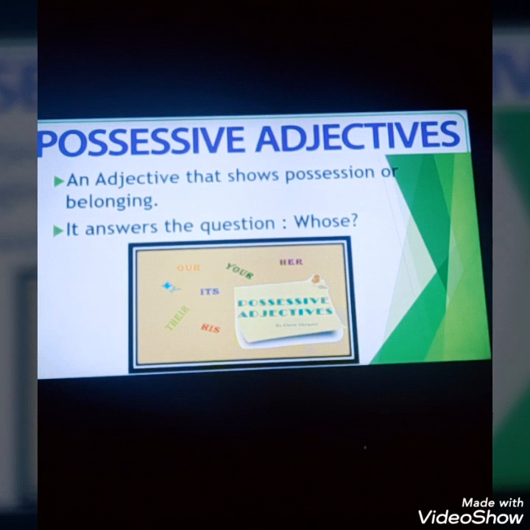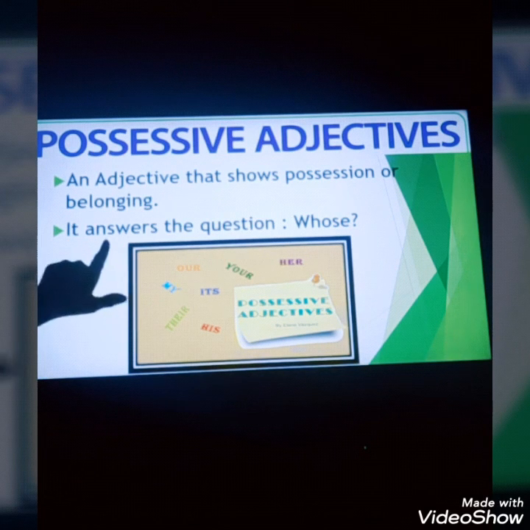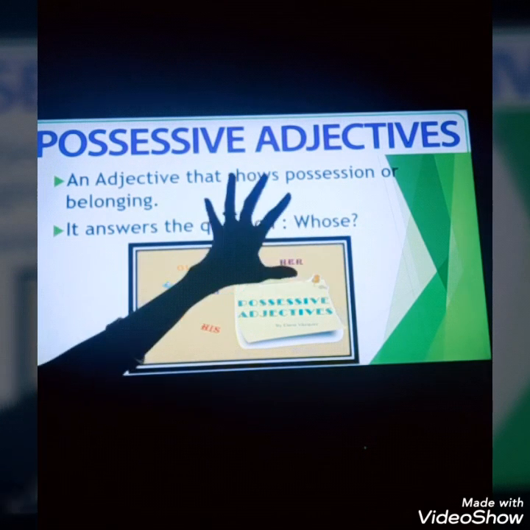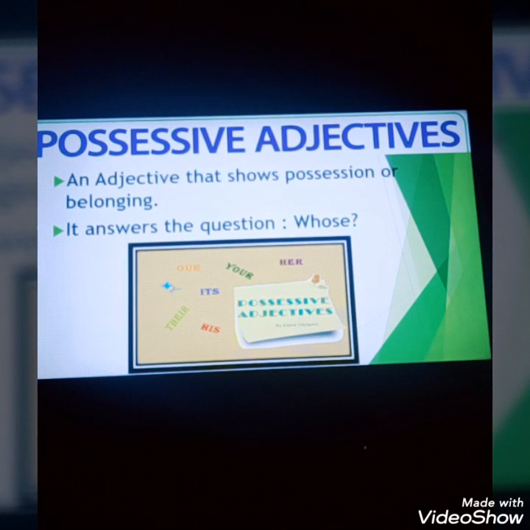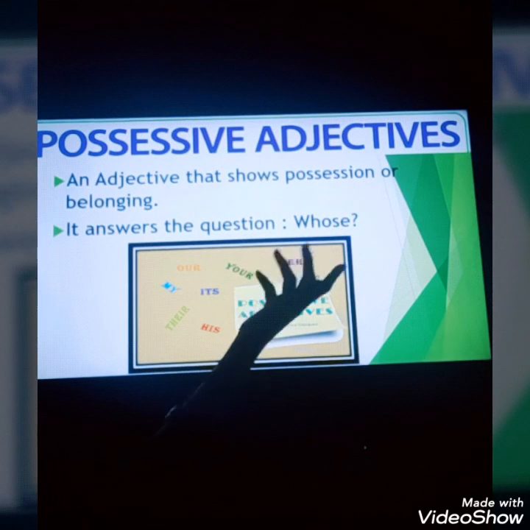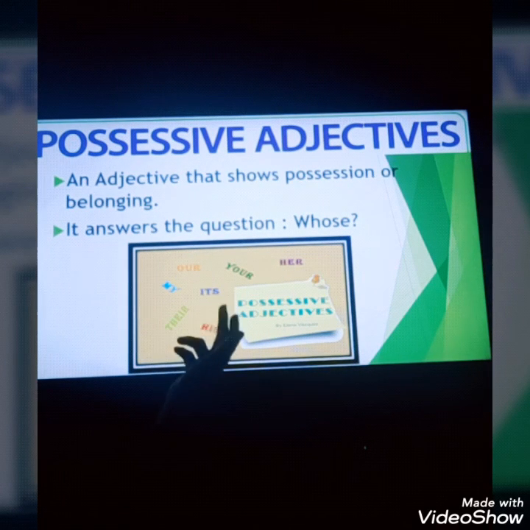This is my pen. I am showing that this pen is mine. So this is a possessive adjective, my. It normally answers the question whose. My, her, your, our, its, his, their. These are examples of possessive adjectives.